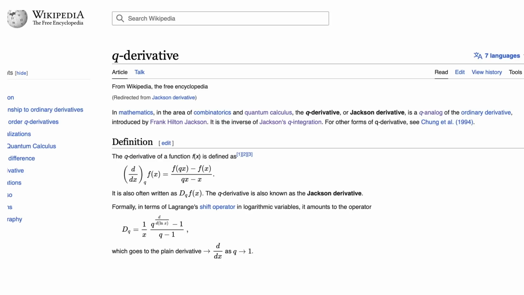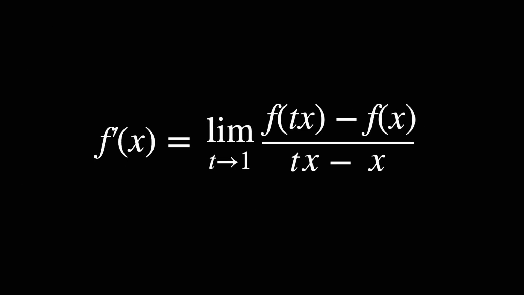As you can see, the definition of the Q derivative is f of qx minus f of x over qx minus x, almost identical to the form that I've been using. The difference is, with the Q derivative, you don't take the limit as q approaches 1. You leave it the way it is in this finite difference form. So maybe I was scooped by about a century, but I find it very surprising that this new definition isn't taught in a Calc 1 class given all its advantages.